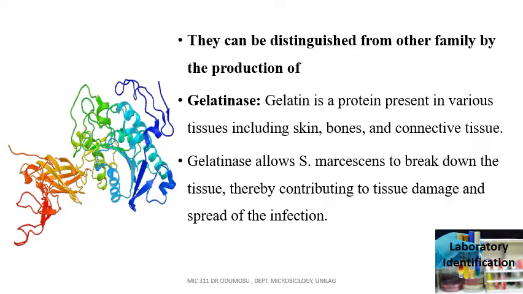So, gelatinase allows the organism to break down the tissue, thereby contributing to tissue damage and spread of the organism in the host cell, thereby spreading the infection. So these enzymes, DNase, lipase, and gelatinase, are factors present in Serratia that enable its virulence in the host system.